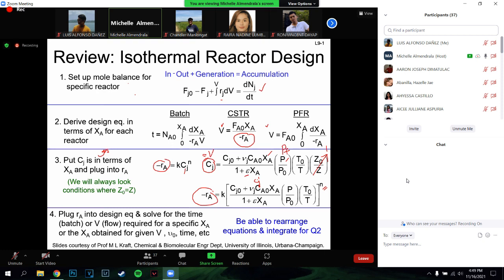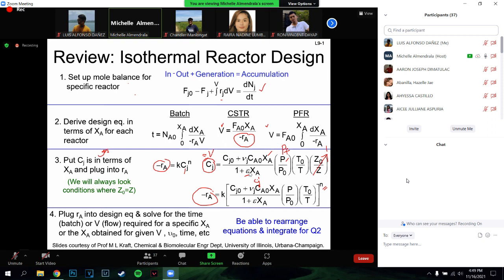The way we arrive at C sub J depends on the particular reaction, so we will have to study the kinetics of your reaction so we can derive your C sub J. In this case, this is for a gaseous reaction, wherein C sub J0 is the initial concentration, based on V sub J, which is the coefficient in the balanced reaction of the reactant.